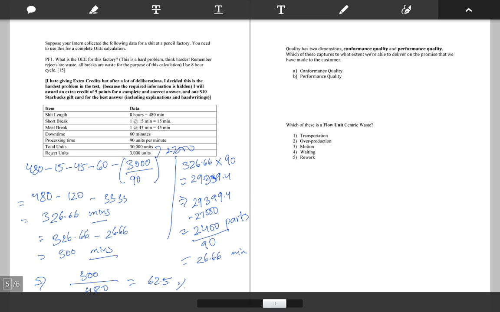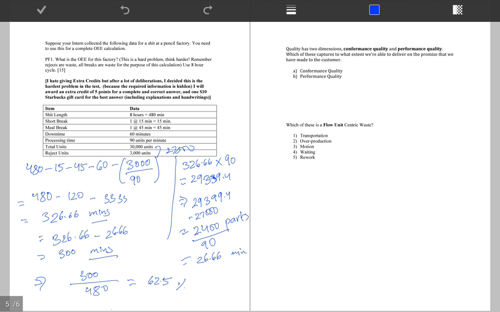There's a slightly easier way to do this. It takes a little bit of thought, because it's a ratio. It really doesn't matter. You take the ratio of minutes or the units of goods produced. They were able to produce 27,000 units of good pencils.